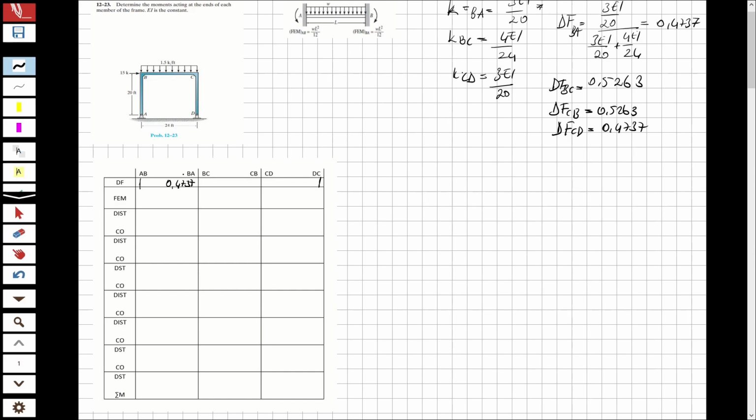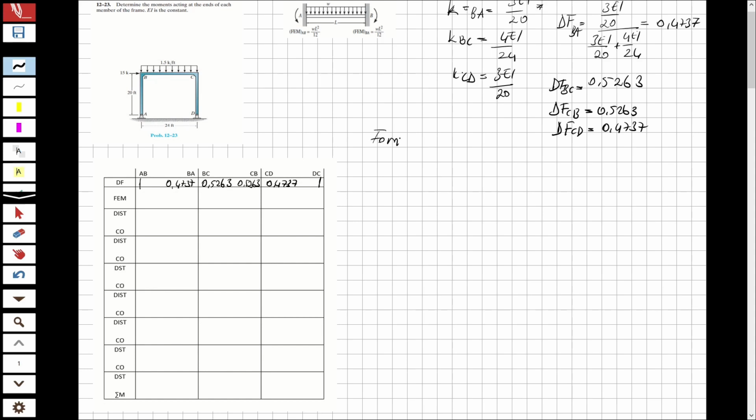Okay, this is going to be 0.5263, 0.5263, and this is 0.4737. Now I have my distribution factors.